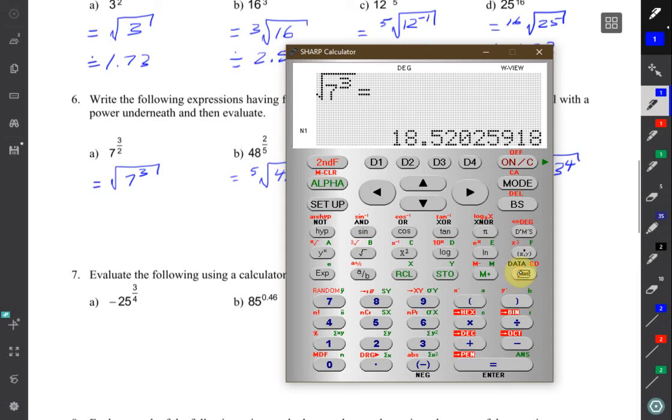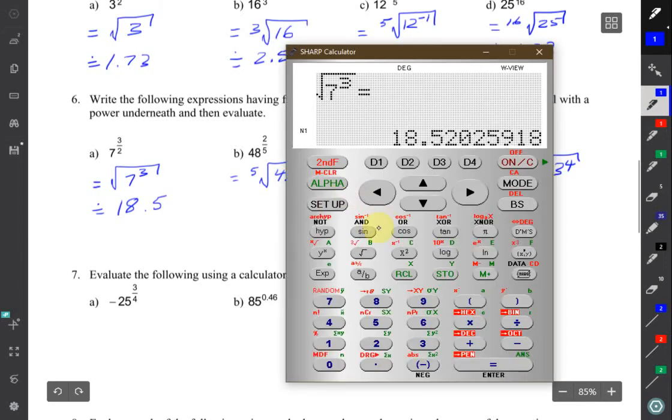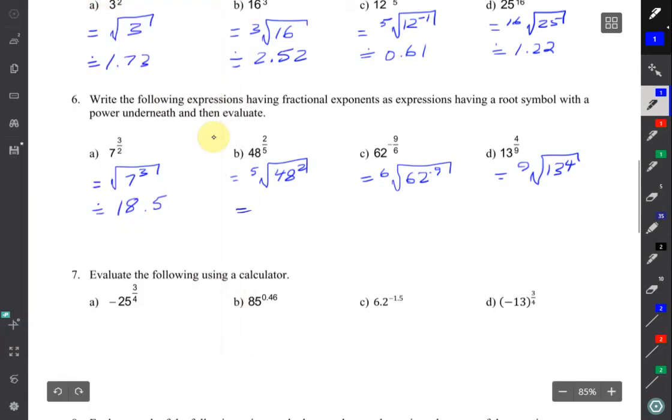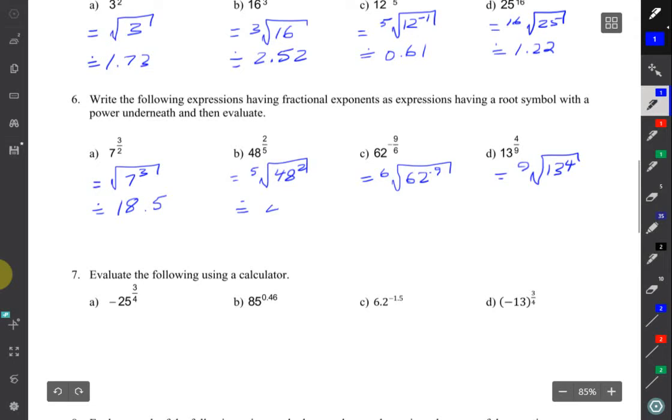First answer is 18.5. This answer is 4.7.